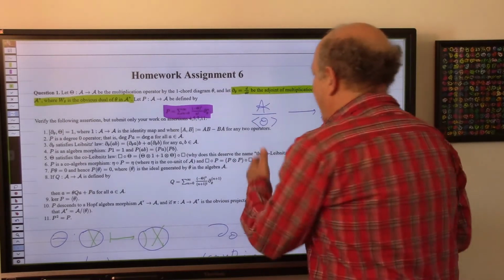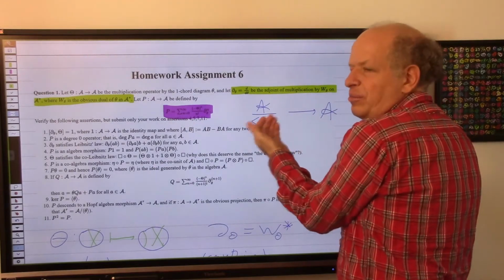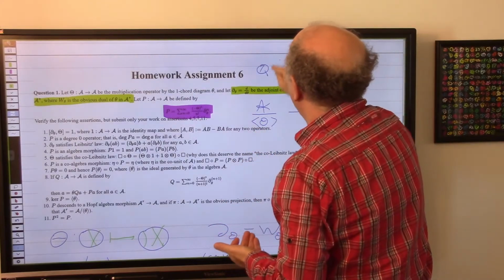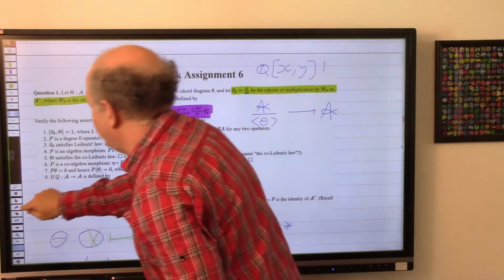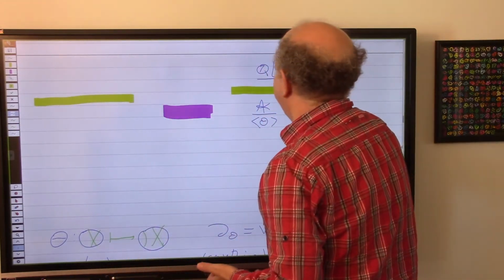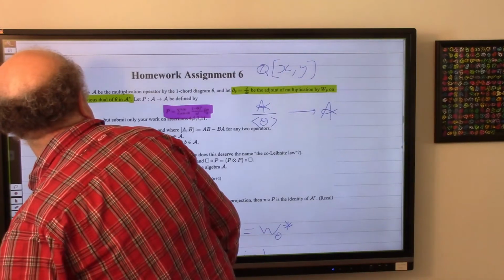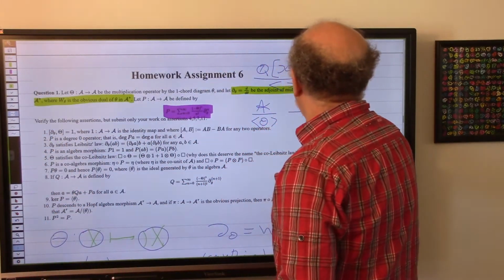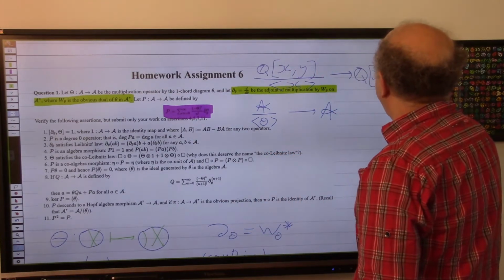But if it really was a polynomial ring, how would you define a map from, say, Q of X and Y modulo the ideal generated by X into Q of X and Y?